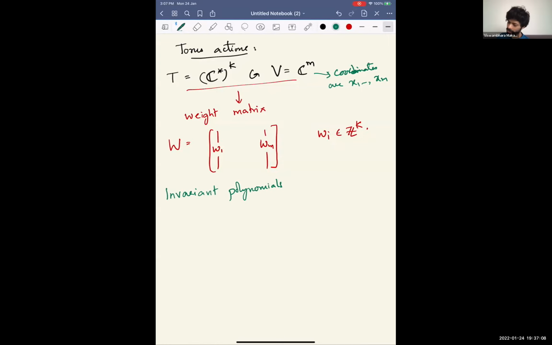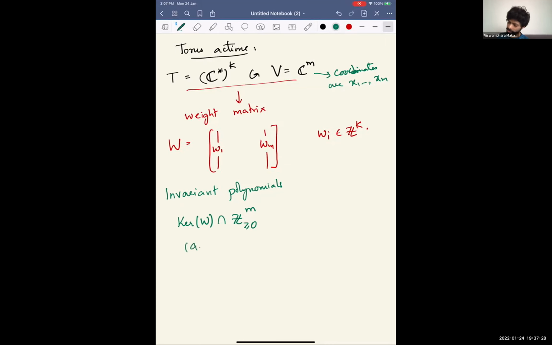You look at the kernel of this matrix and you look at all the non-negative integral entries in it.